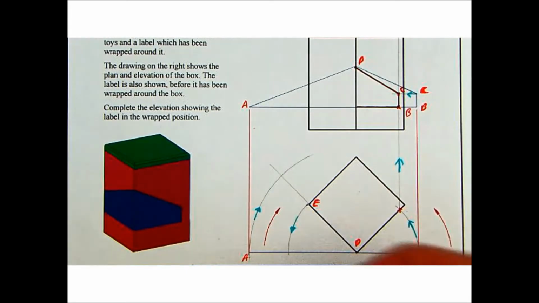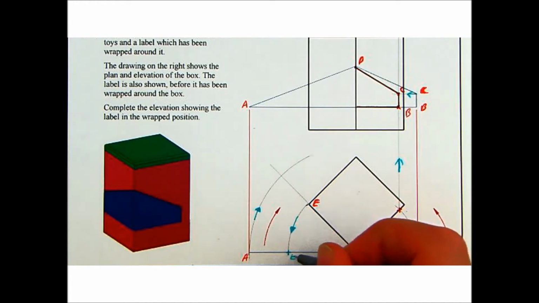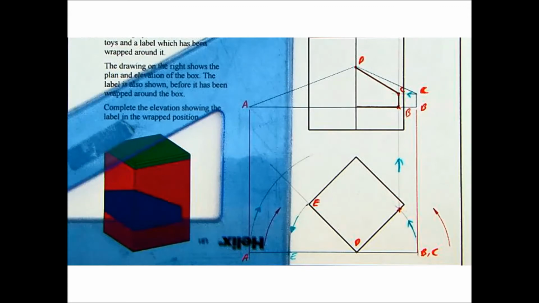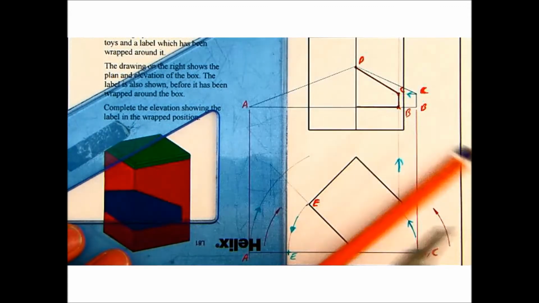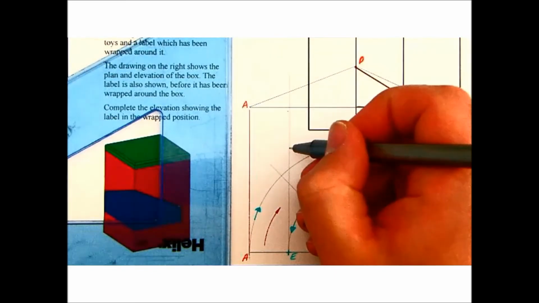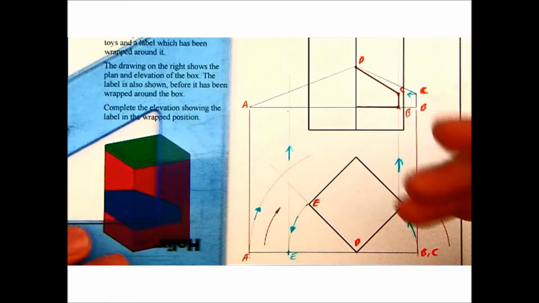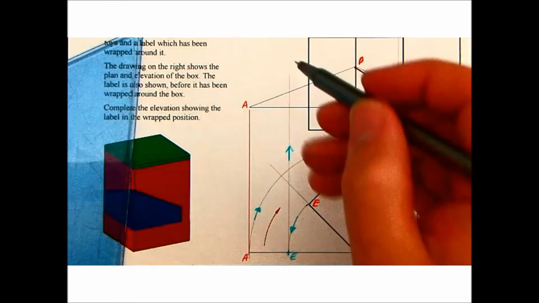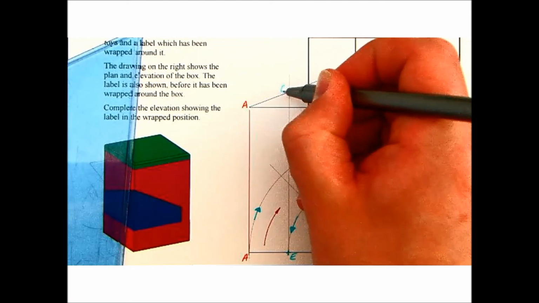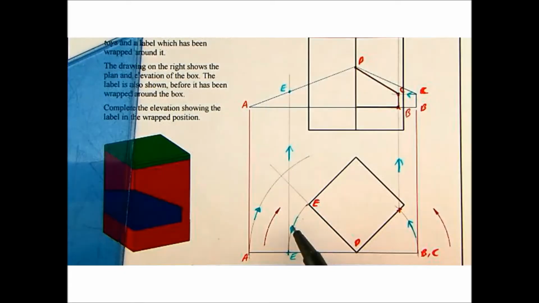So this is E here. Bring that back up to the elevation. And now I can say that this is E at the top there. That's where E would be if the label is open.